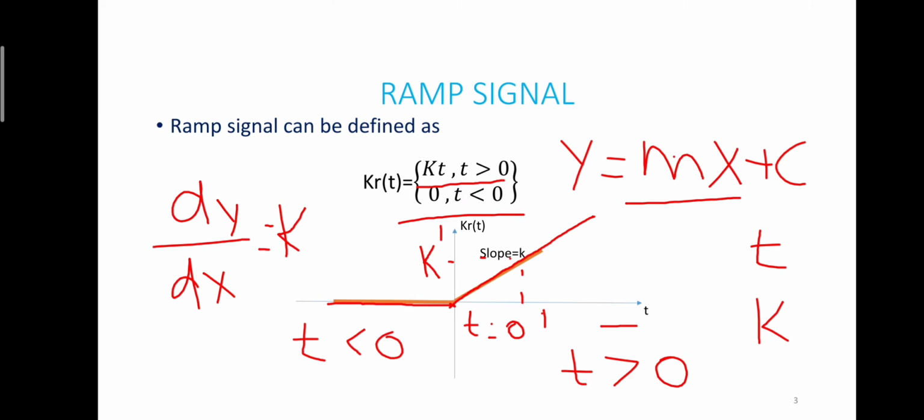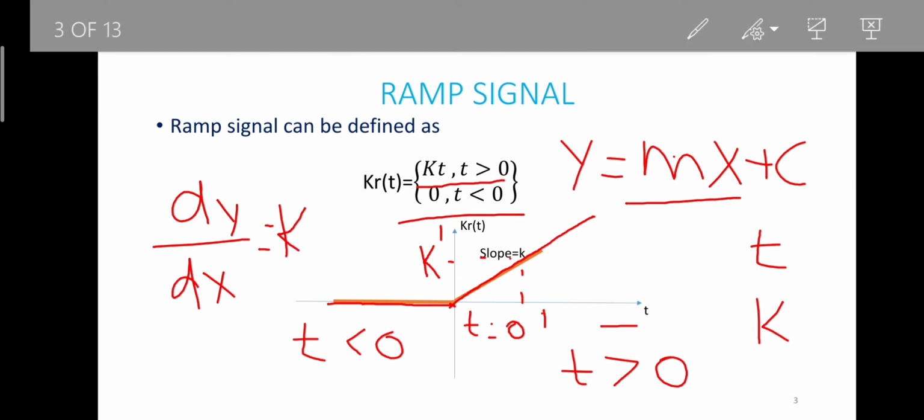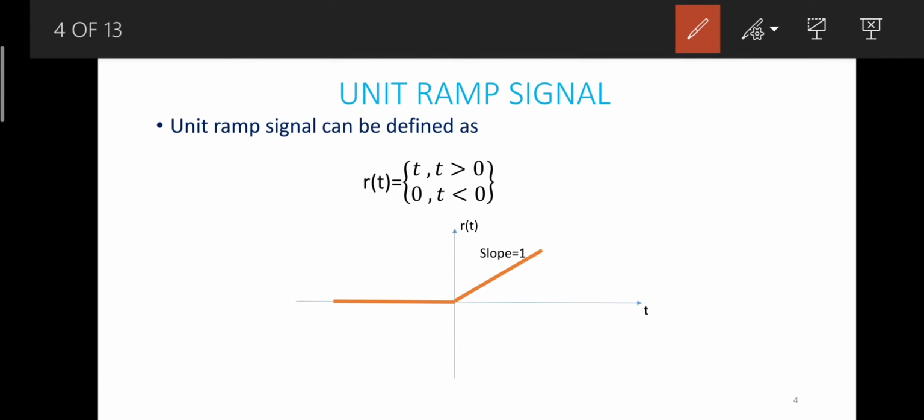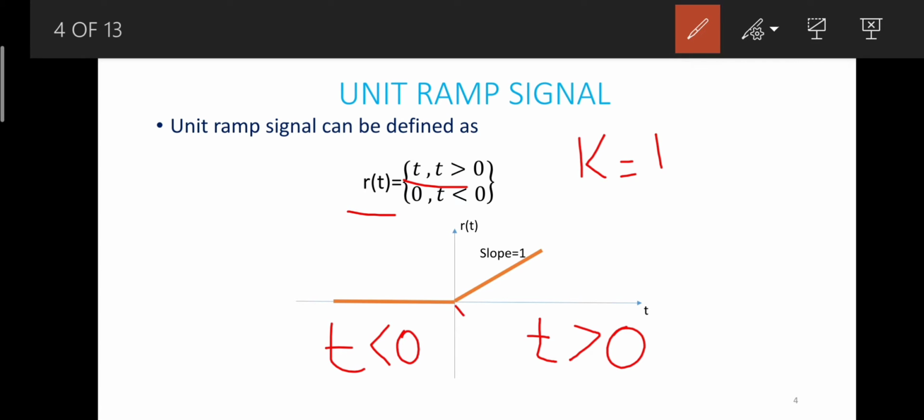So let's check what will happen if K is equal to 1. If K is equal to 1, the ramp signal is called unit ramp signal. It is the same as the case of unit step signal. Here the unit ramp signal can be defined as r of t equal to t for t greater than 0 and 0 for t less than 0. That means this is the portion where t greater than 0, and this is the portion where t is less than 0, and this is the origin, t is equal to 0.